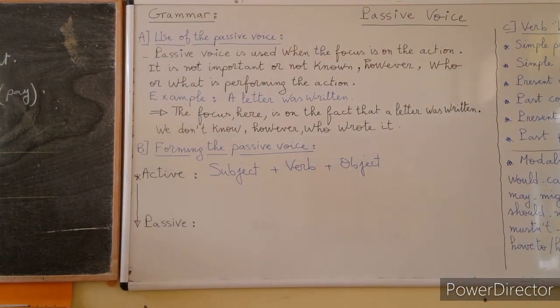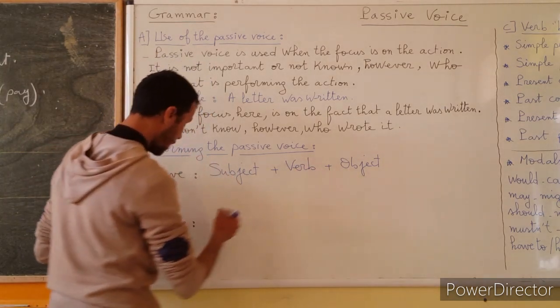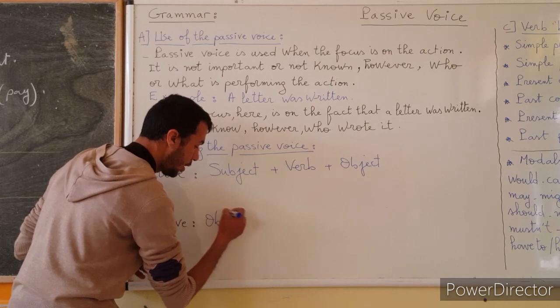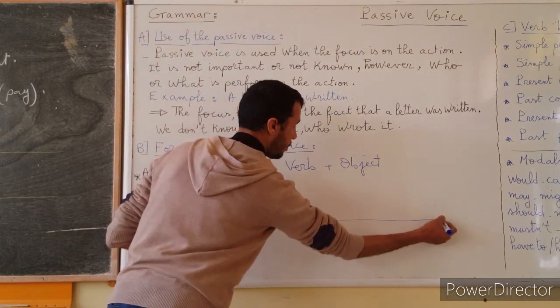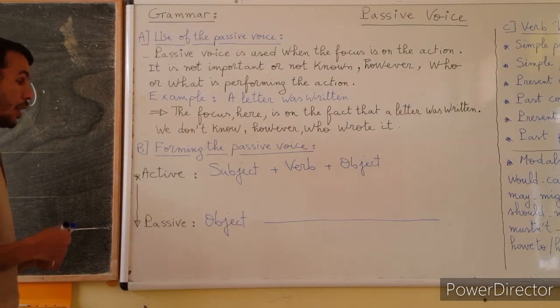And, for example, in the national exam, you will always have the object given right at the beginning of the sentence, and you do the rest here. So, let's see how we form the passive voice.